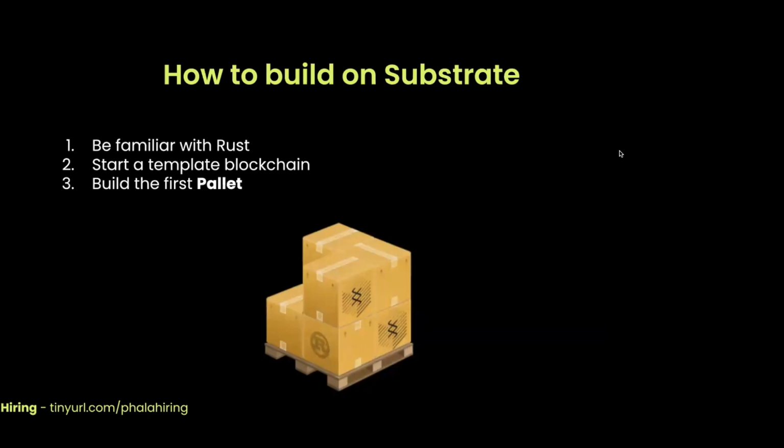And the third step is to build your own pallet. A pallet is just a module for your own business logic. You can have one pallet for your stuff, and you can also define a few pallets and let them interact with each other. You can also interact with the existing pallets offered by Substrate itself.